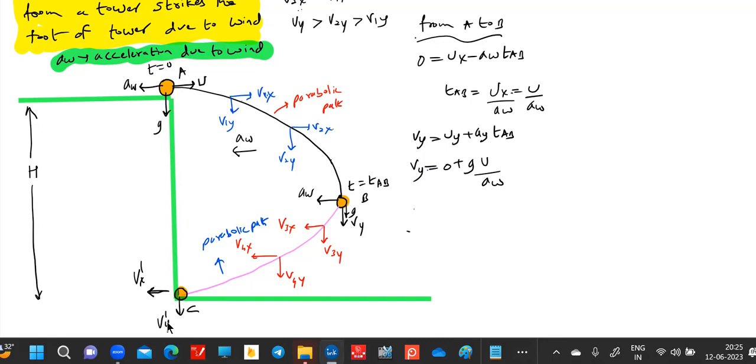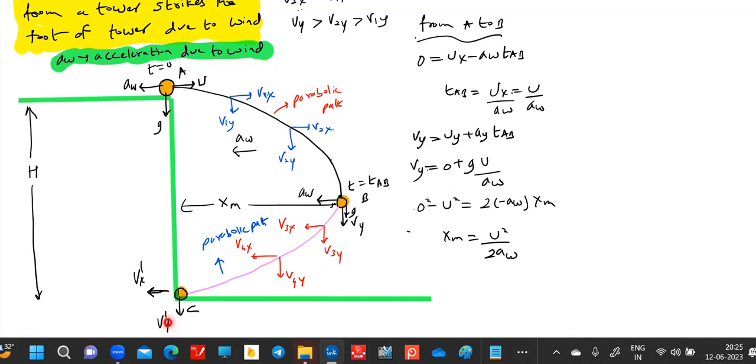How will it be moving? It has undergone some horizontal displacement, no? Maximum horizontal displacement. Then can we calculate this xm? xm will be: 0 squared minus u squared equals 2 into minus AW into xm. So we have applied equations of motion along the x-axis for this path.